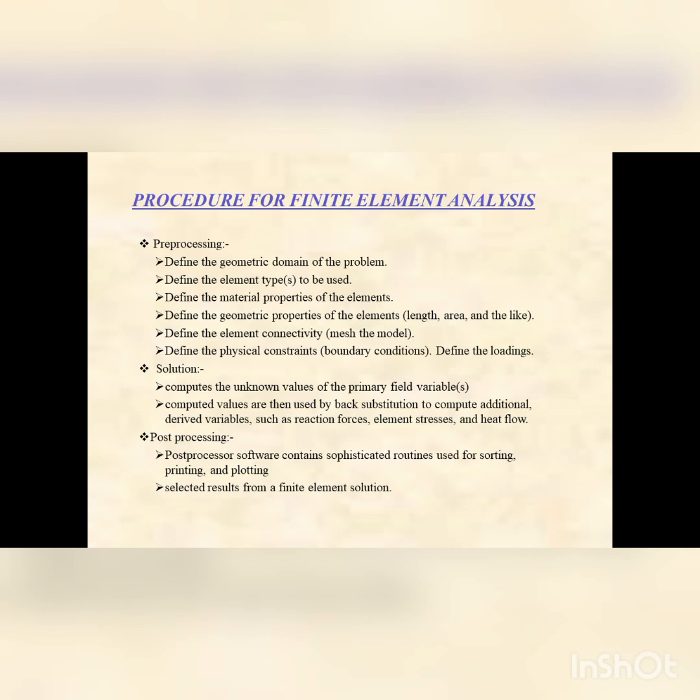Then define the geometric properties of the element, for example length, area and so on. Then define the element connectivity. After defining the element connectivity, define the physical constraints, which are like boundary conditions.